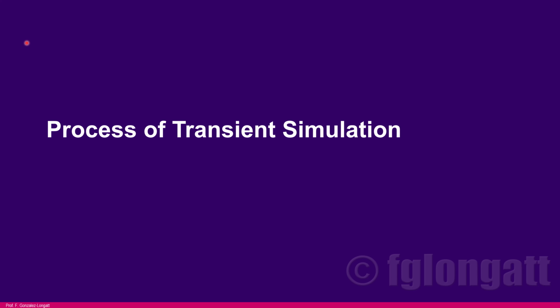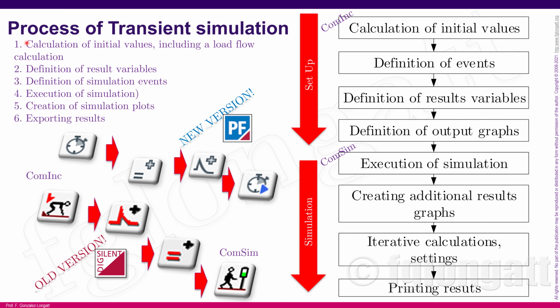Let's discuss the process of a transient simulation. A transient simulation is a very interesting process. There are several ways to do it, to be honest, but there is a general rule. If you go to the user manual inside Power Factory, you will find these 6 steps, which you can see here on the left-hand side.